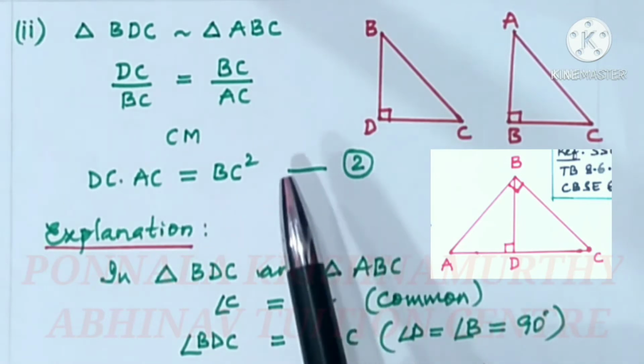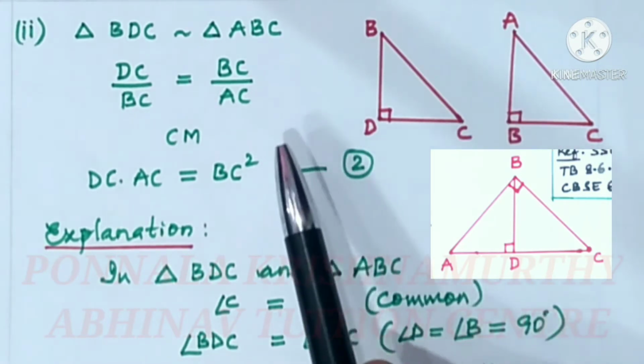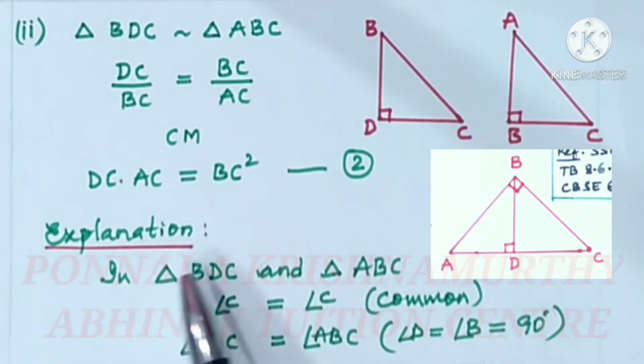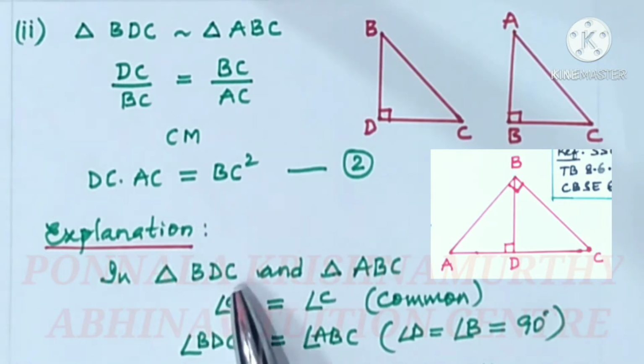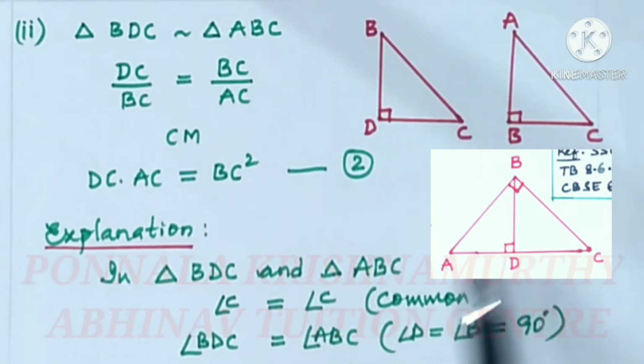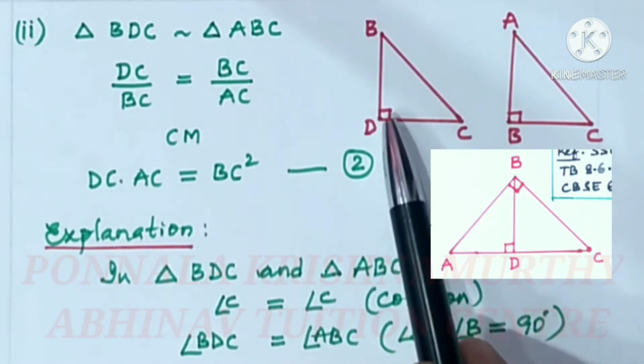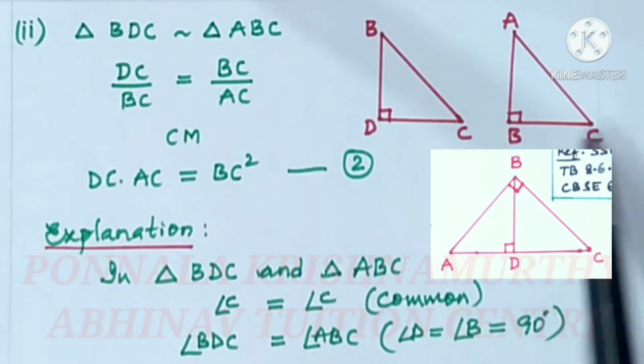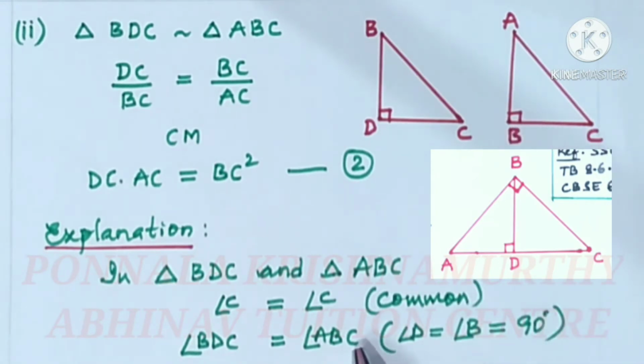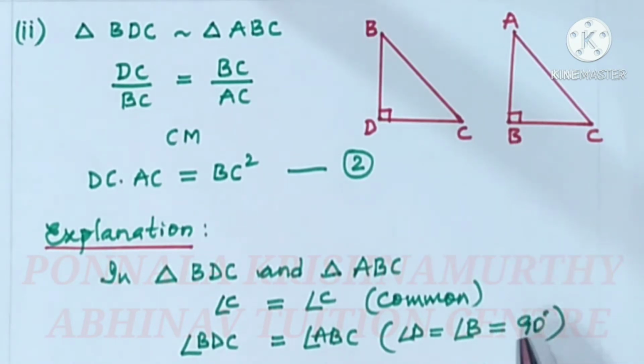Here also, if you are unable to understand this, please see this explanation. In triangle BDC and triangle ABC, angle C is common. Angle BDC is equal to angle ABC, as angle D and angle B are both equal to 90 degrees.